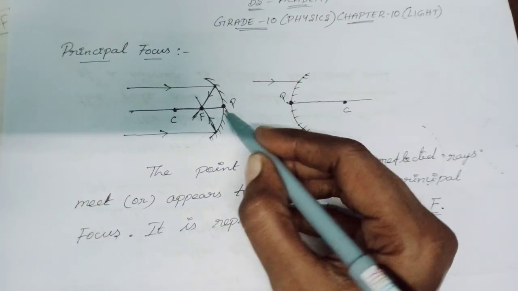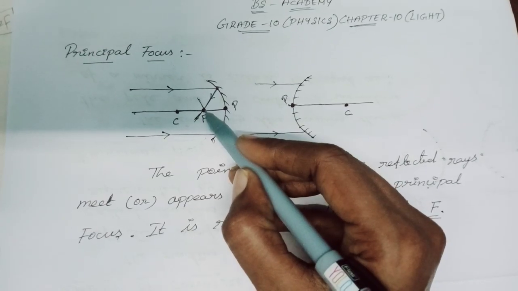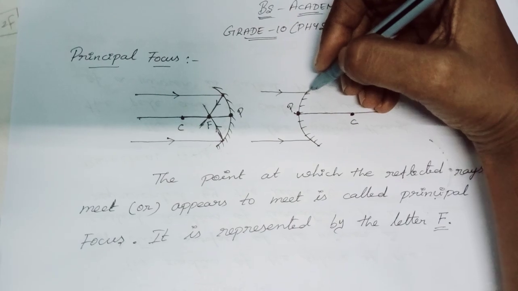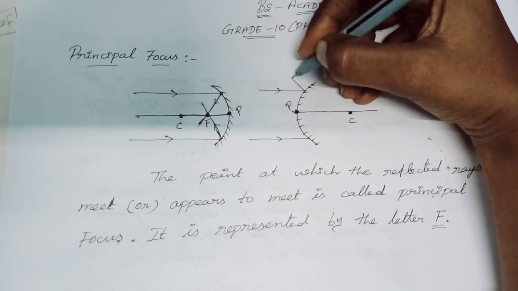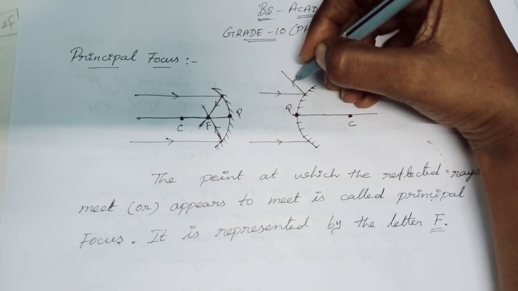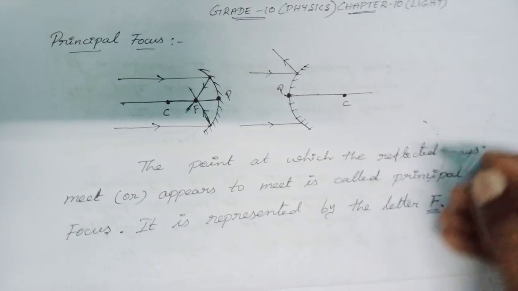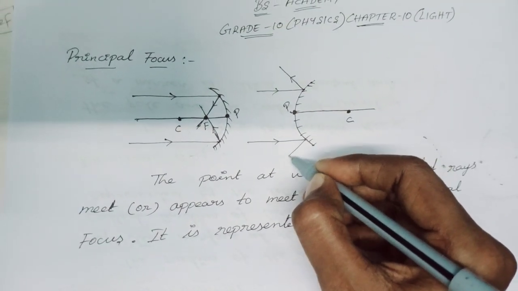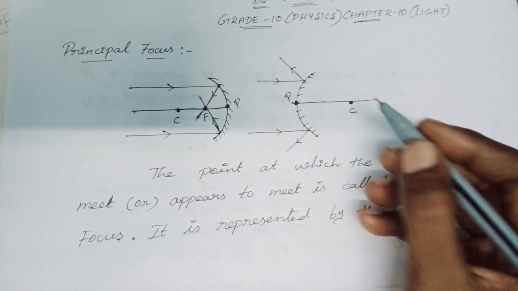For a concave mirror, the rays get converged and meet at a particular point, but for a convex mirror the rays get diverged. So it gets reflected like this. Same way, this incident ray will get reflected like this. The rays are diverged.